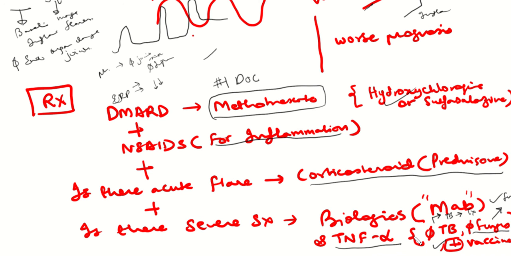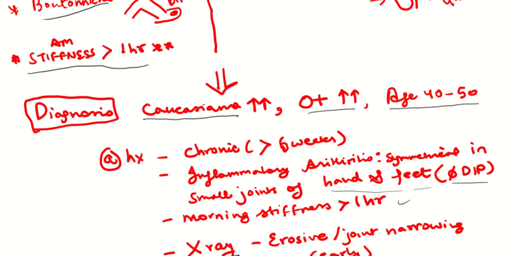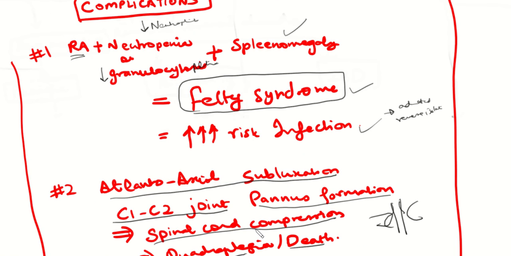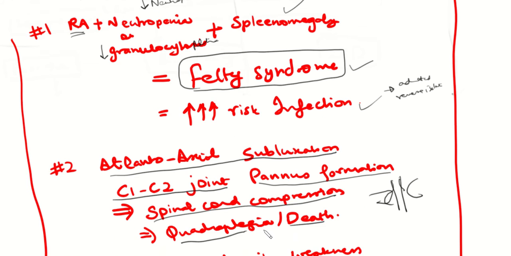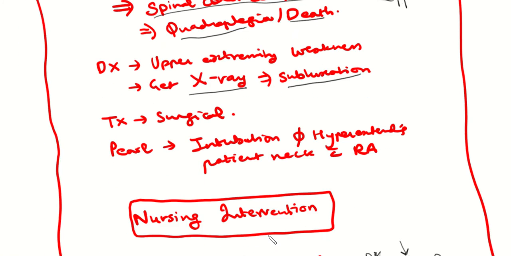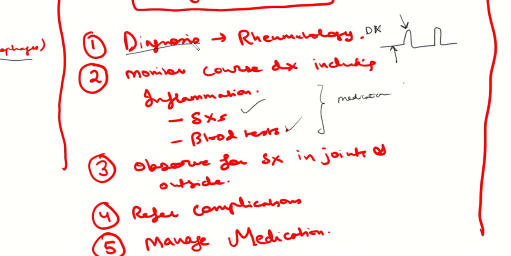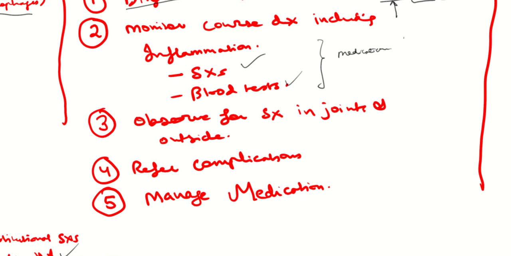And then we looked at Felty syndrome and atlantoaxial subluxation as two big complications for rheumatoid arthritis, and its treatment. Then again, we looked at nursing diagnosis, from diagnosing it to monitoring the disease course and flares, and how we use medication to manage it and observe for complications. So that is rheumatoid arthritis.